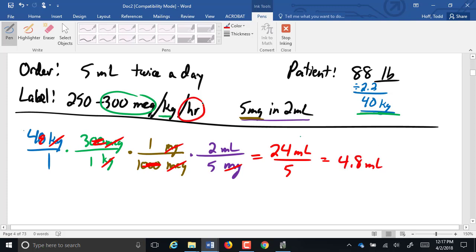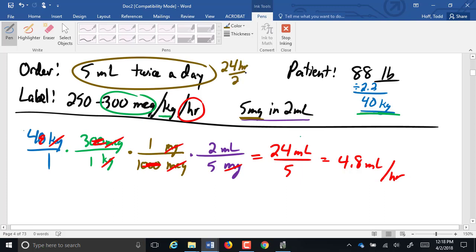Remember our time here, that is per hour. This is twice a day. Twice a day, 24 hours in a day, divided by 2 is every 12 hours.